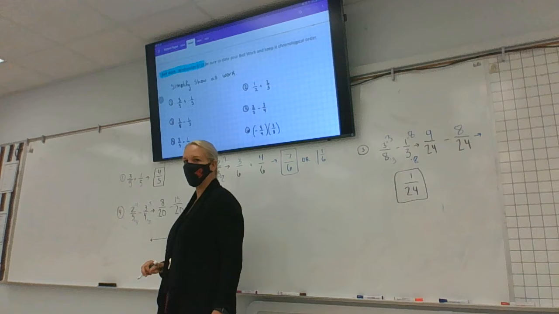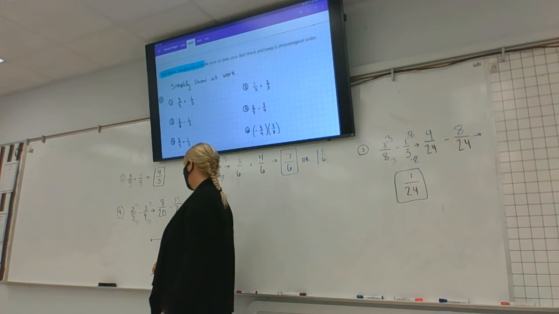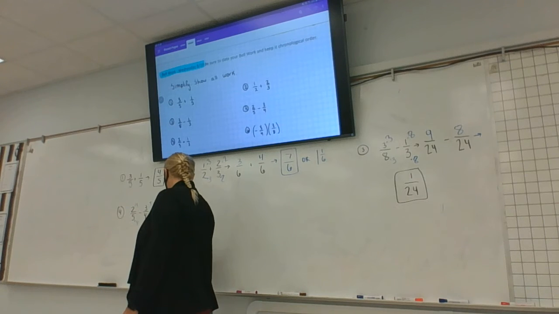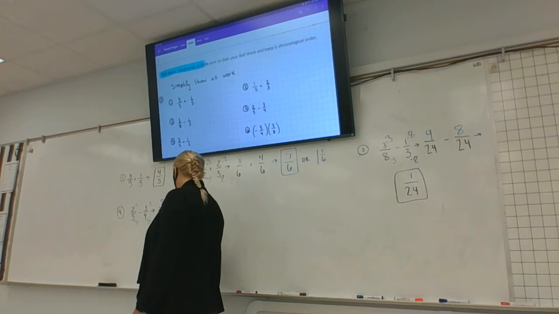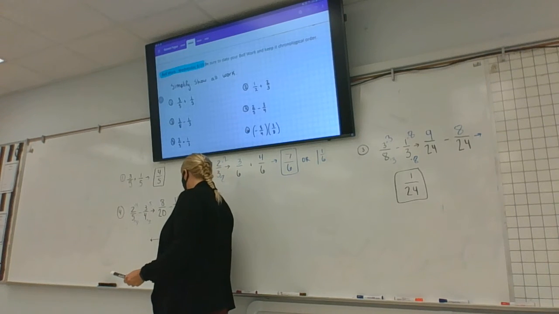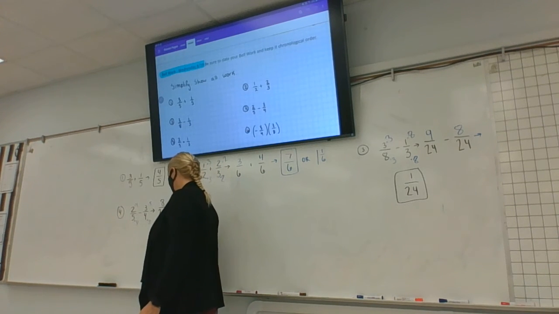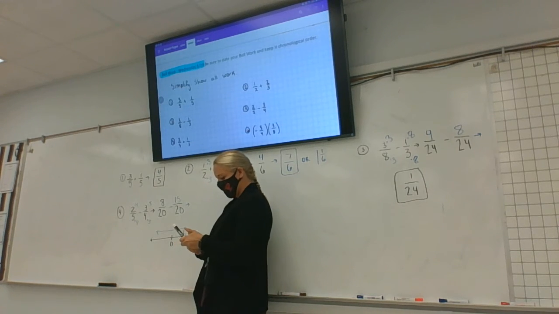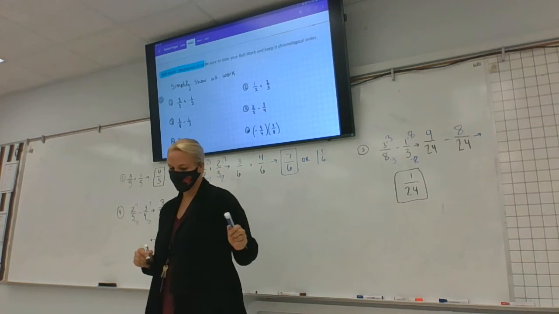Good call. So now how do we do 8 minus 15? We can picture the number line. Here we are at 0. Here we are 8. If you have to subtract, you have to move to the left. So we're going to end up over in the negative numbers.